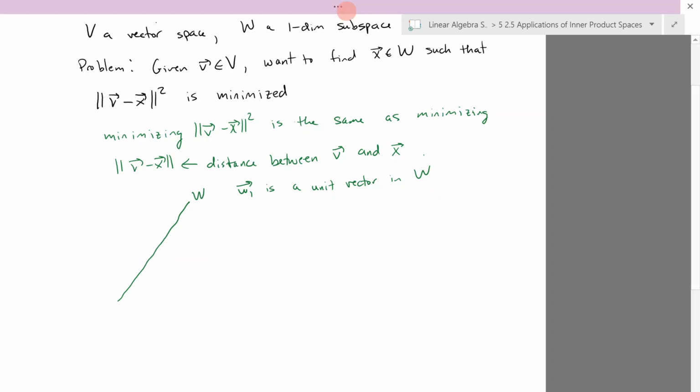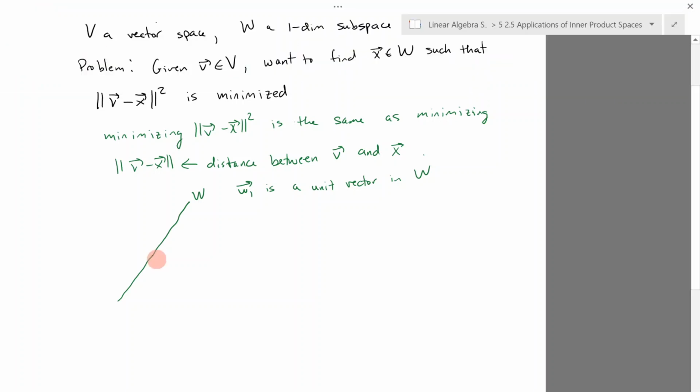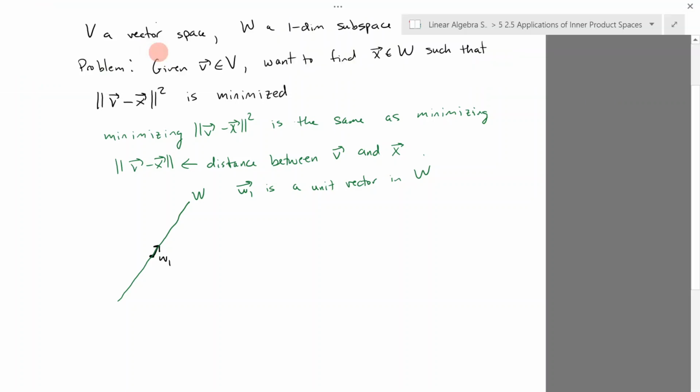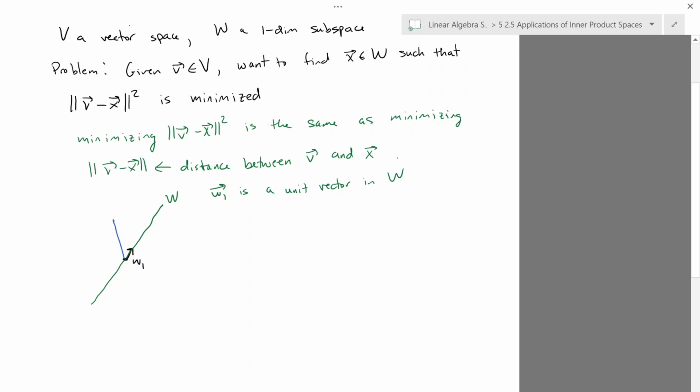So let's say this is W1. Okay, and V is a vector in V, right? So V could be pointing in any other direction, right? So let's say this is V.